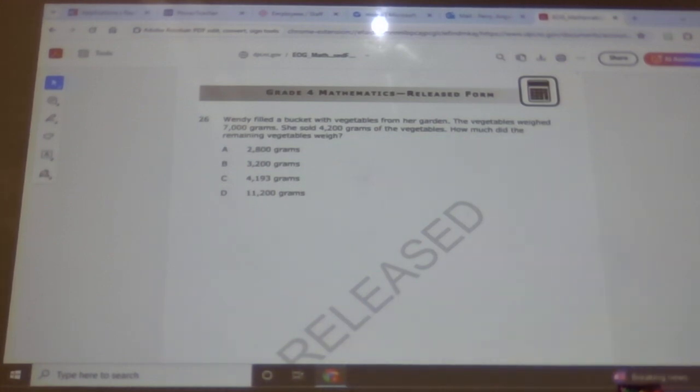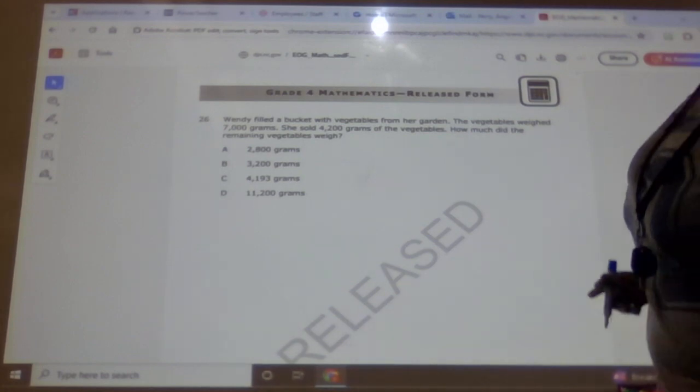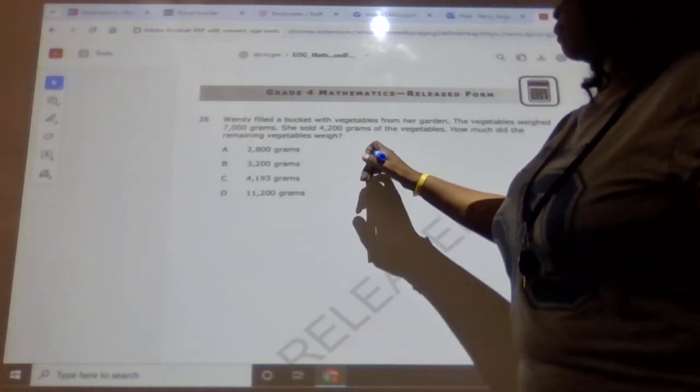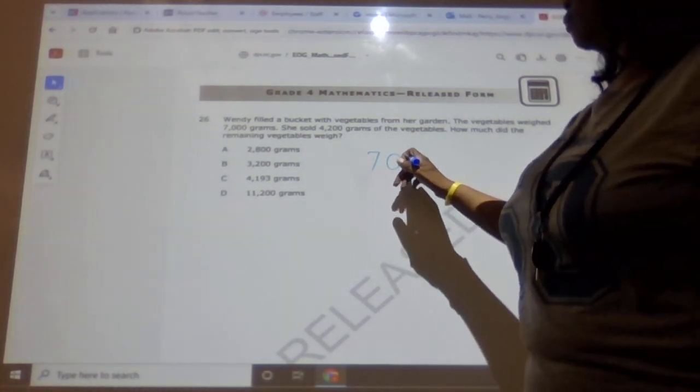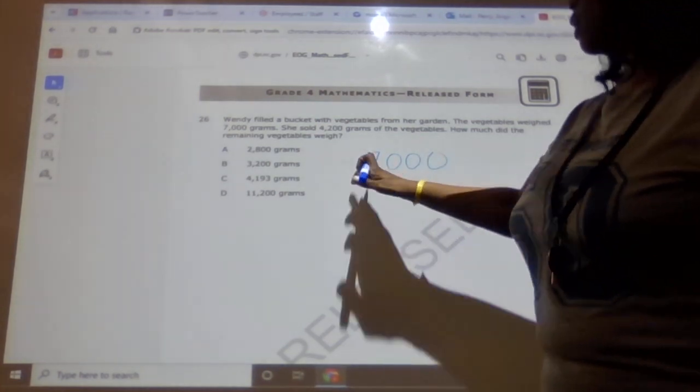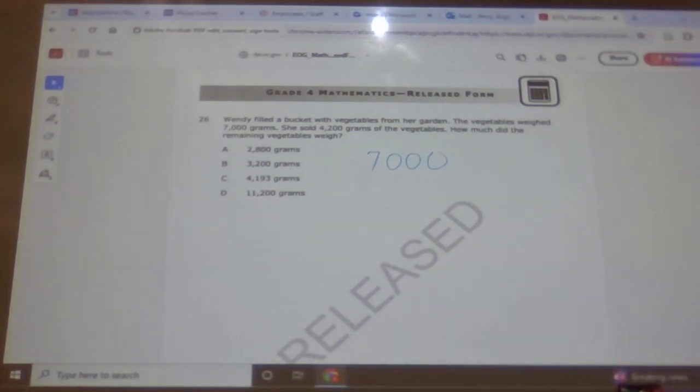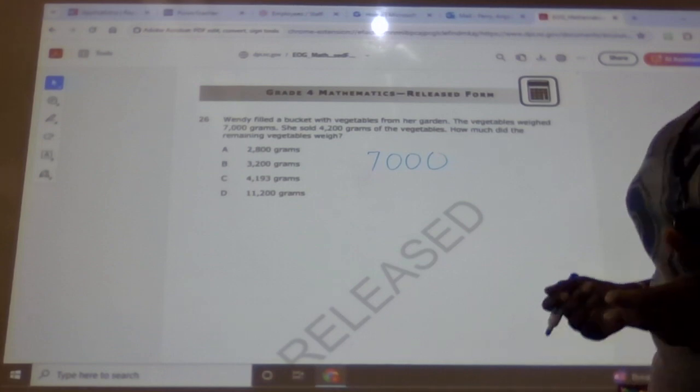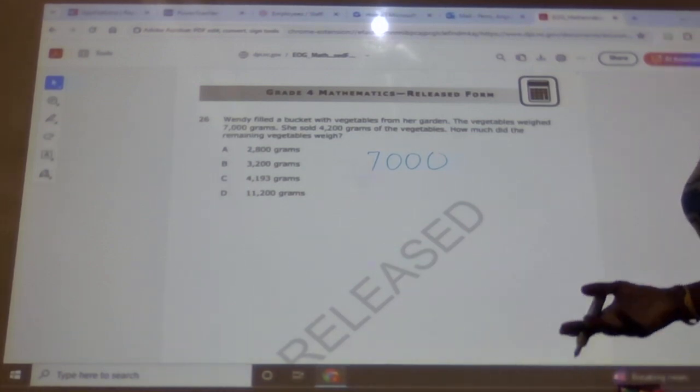How much did the remaining vegetables weigh? Okay? So the vegetables weighed 7,000. And it says she sold 4,200 grams of the vegetables. How much did she have remaining? How much did she have left?